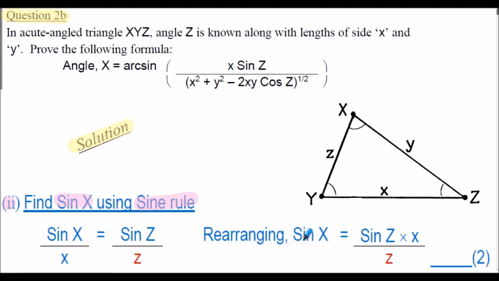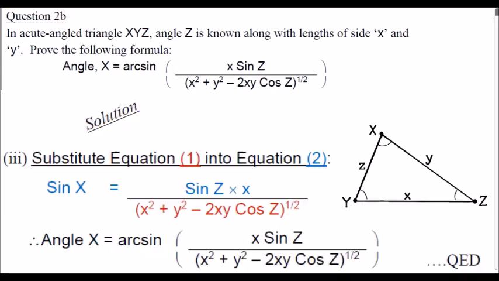This produces equation 2. Question 2b, solution continued. Finally, step 3, we substitute equation 1 into equation 2. We form this equation. Taking the inverse sines of both sides of the equation, we have our solution for angle x. Again, proving the formula stated in the question.